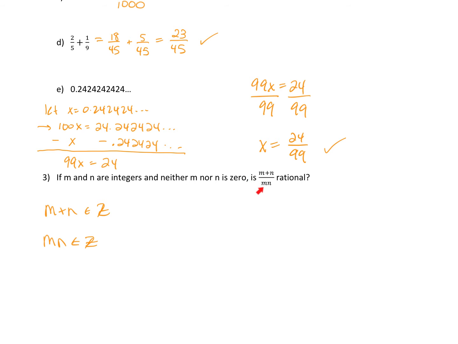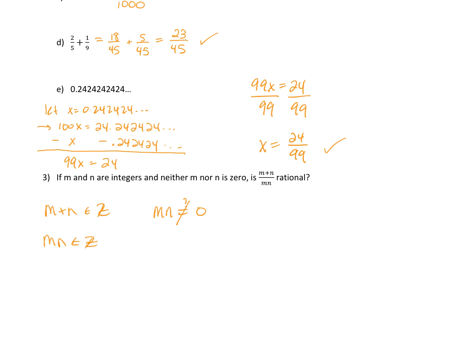And then the second and crucial part of the definition is that the denominator cannot be 0. Now, is it possible that m times n is 0? No, because the only way a product can equal 0 is if one factor or the other factor is 0. But we know that neither m nor n is 0.